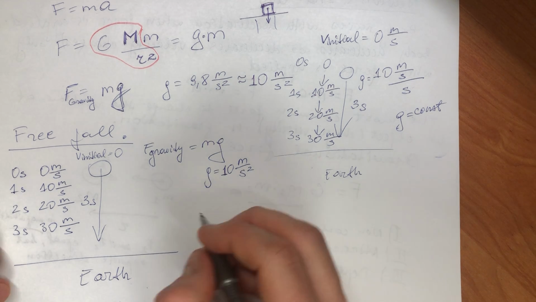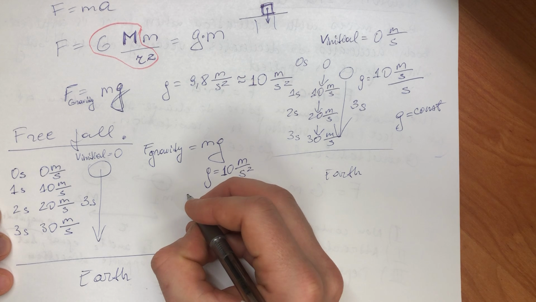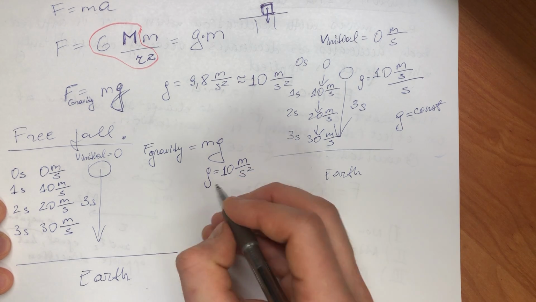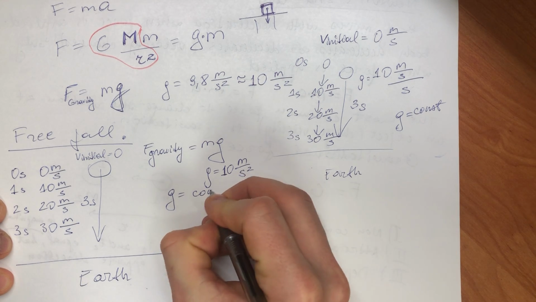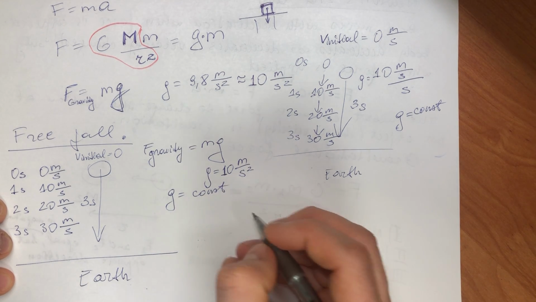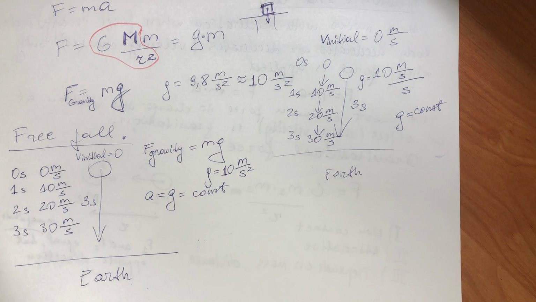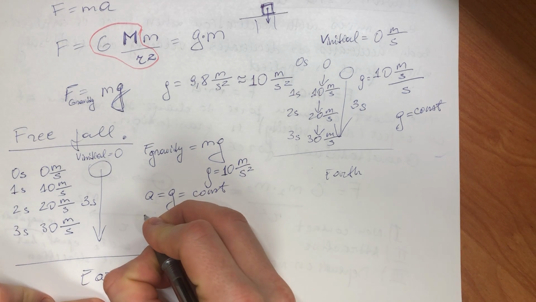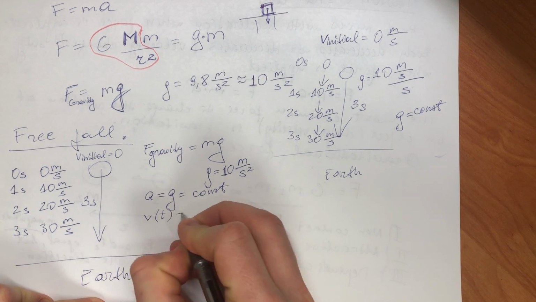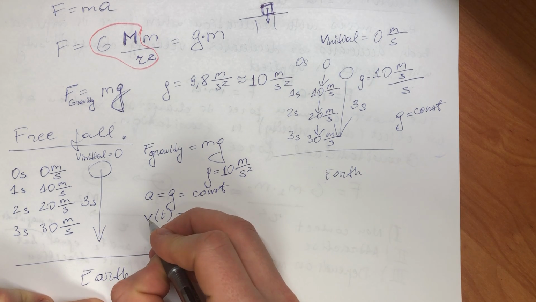So this is movement with constant acceleration. g is constant, so a is equal to g and it is constant. So what is happening to V in time? V of t is what?